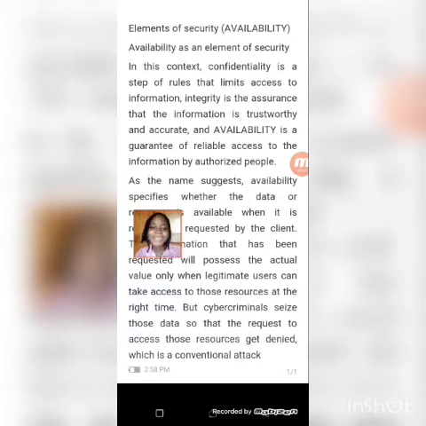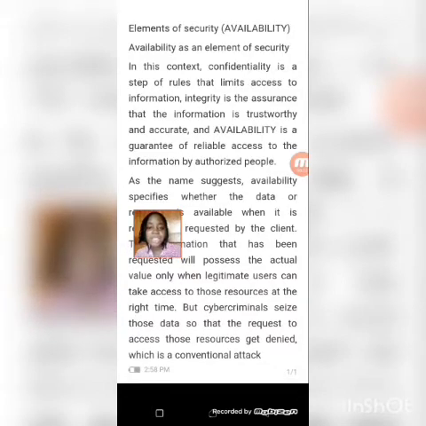Hello, welcome back. So let's go to the content where we're talking about availability as an element of security. I said that we'll try to link up all we've been talking about and why we're talking about availability now. So let's read.